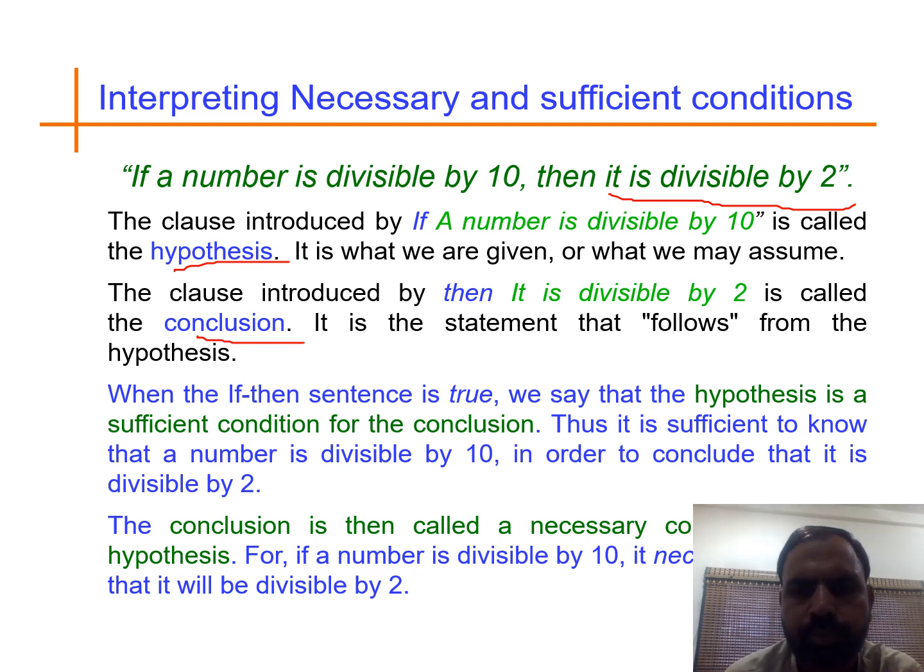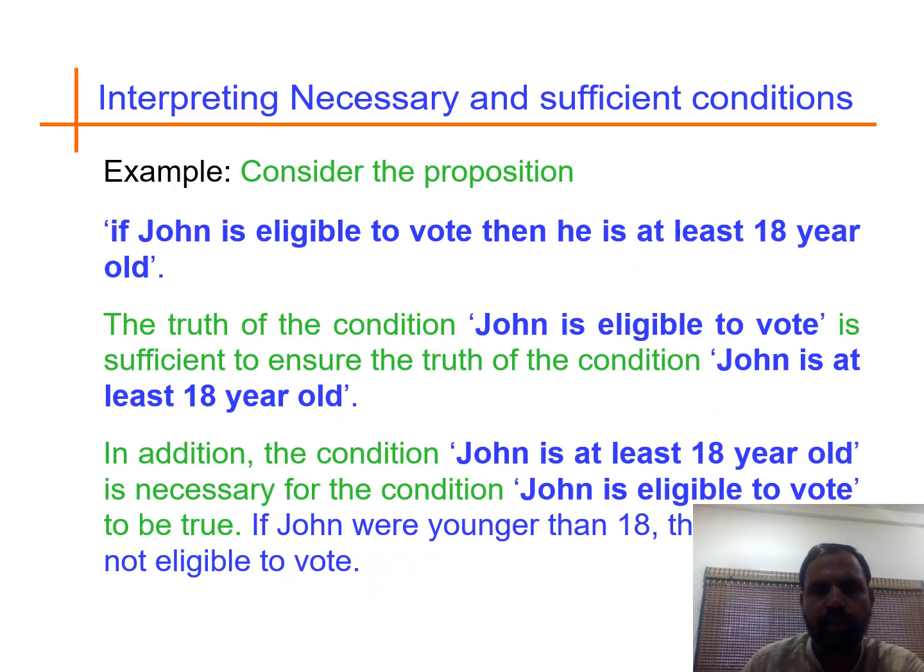If a number is divisible by 10, then it is divisible by x. In general form, if the number is divisible by x, then it is divisible by y. There are many theorems which you have discussed in your previous classes in mathematics.